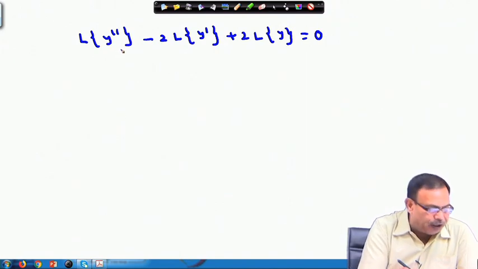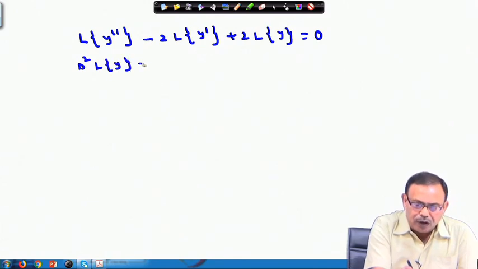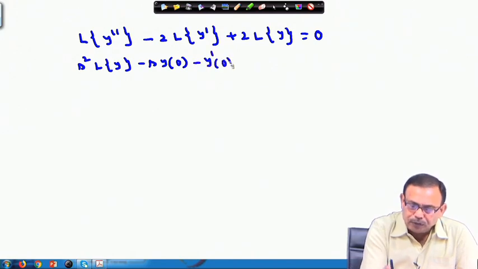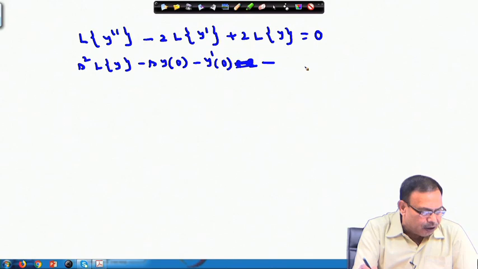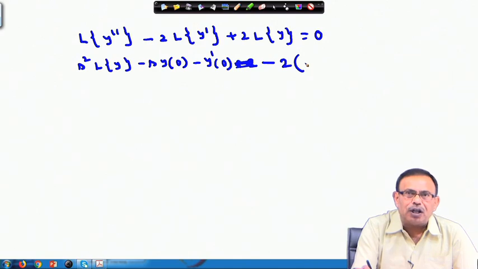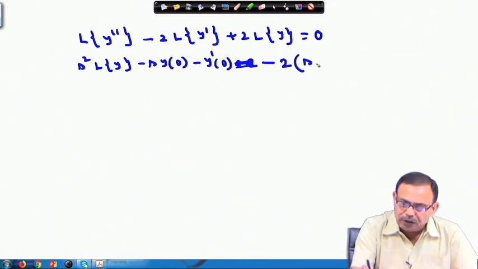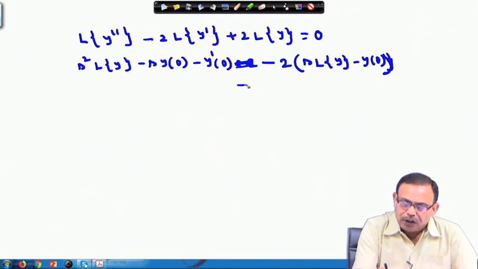Laplace transform of y double dash I can write as s square into Laplace transform of y minus s into y 0 minus y dash 0, minus 2 into Laplace transform of y dash, which we know is s into Laplace transform of y minus y 0, and plus twice Laplace transform of y, equals 0.